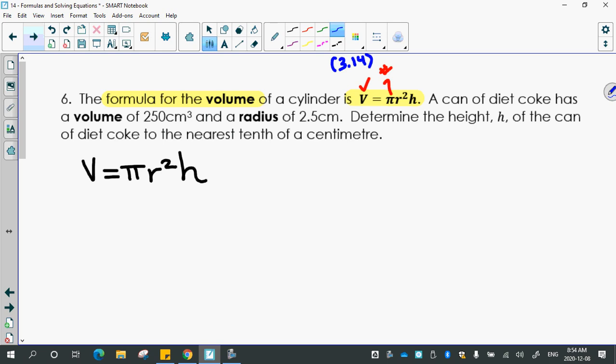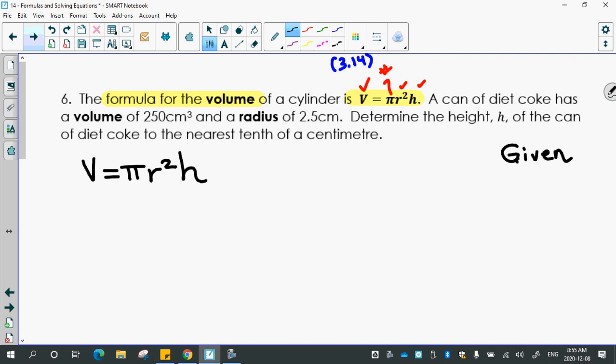Okay, it's approximately that, but there is a pi button on your calculator that gives it to more decimal places. V is a letter, R is a letter, and so is H. So we've got 3 letters in our formula. They have to give us numbers to put in for 2 of them, 2 out of the 3. Okay? So we're going to make our given over here, and then see what it is they give us.